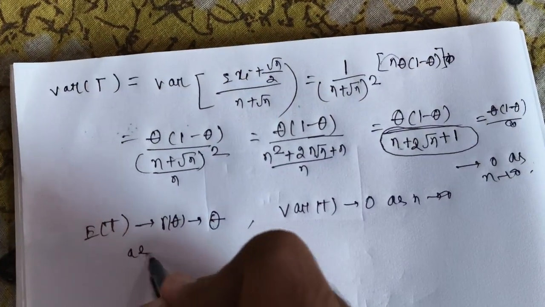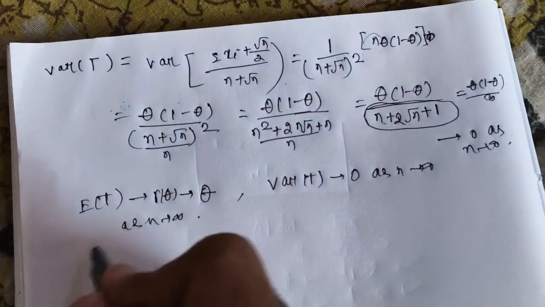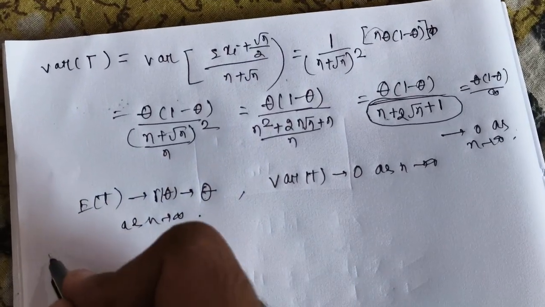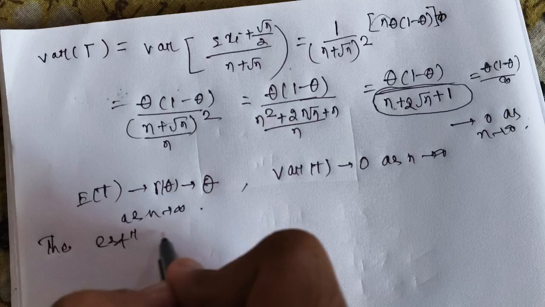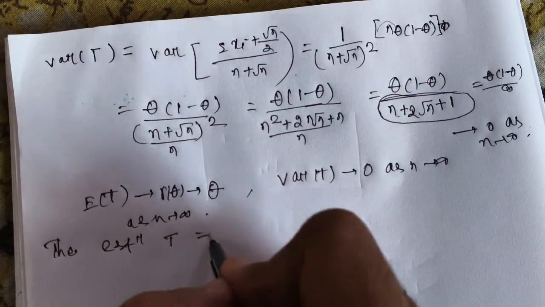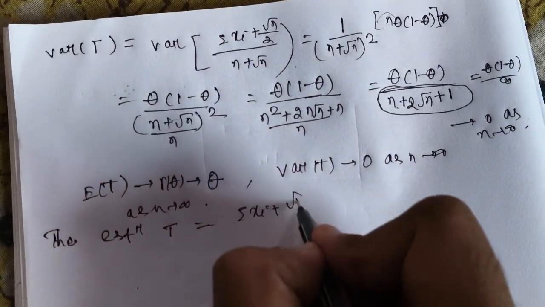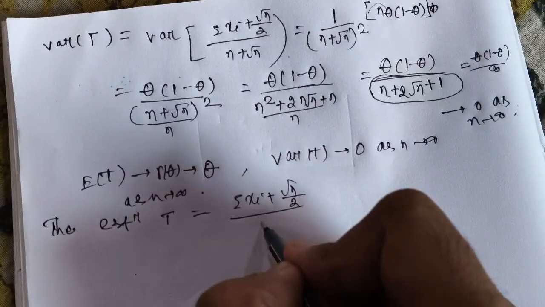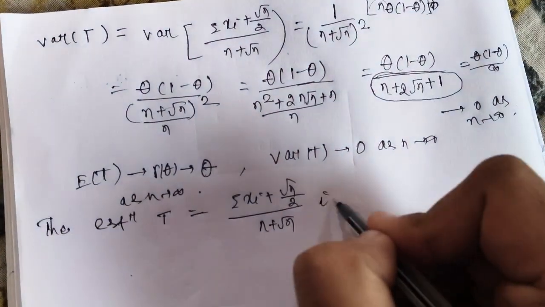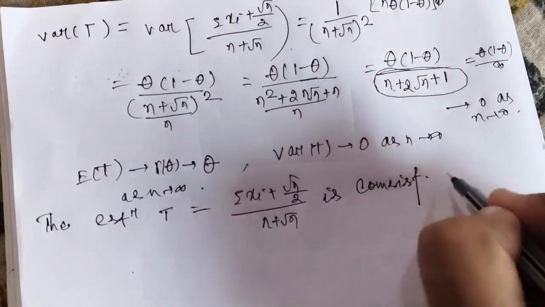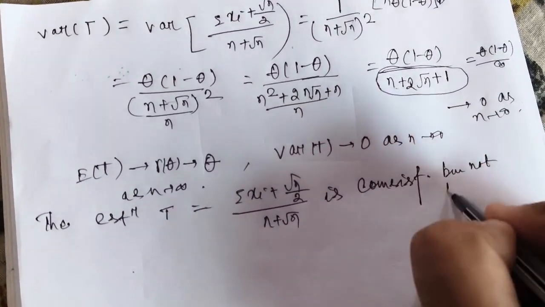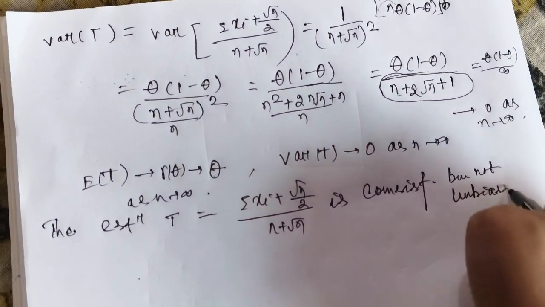So this satisfies our consistency property. The estimator T equal to (summation xi plus root n by 2) divided by (n plus root n) is consistent but not unbiased.